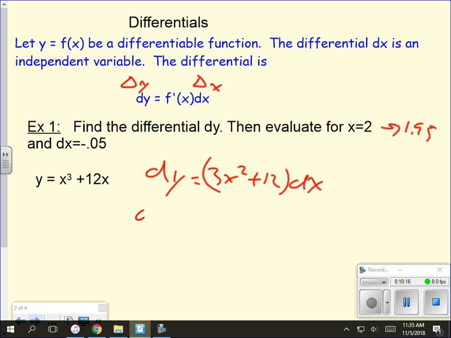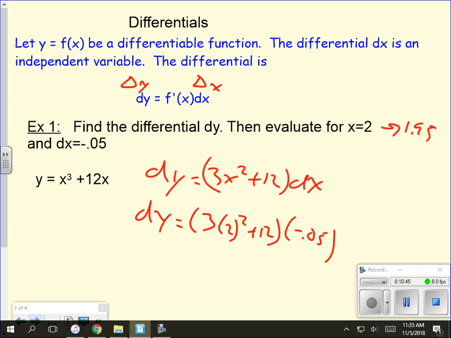So dy equals 3 times 2 squared plus 12 times negative 0.05. Let me get the calculator here. 3 times 4 plus 12, so that's 24, right?